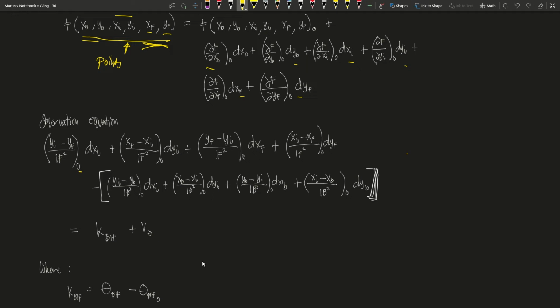When you say F, you already know what F is. Let's try to write it down. B is your backsight station, I is your instrument station, and F is your foresight station.